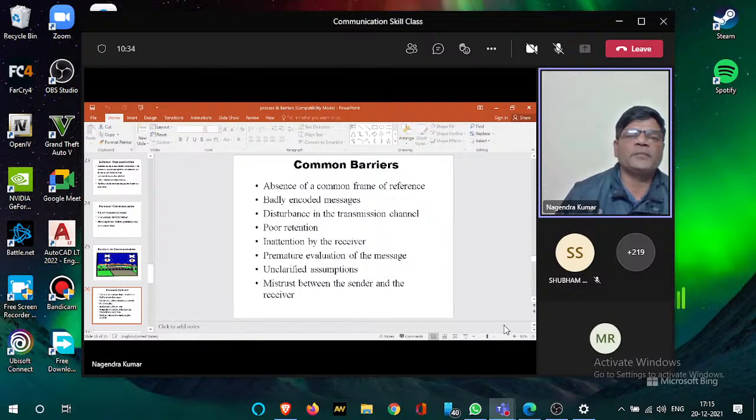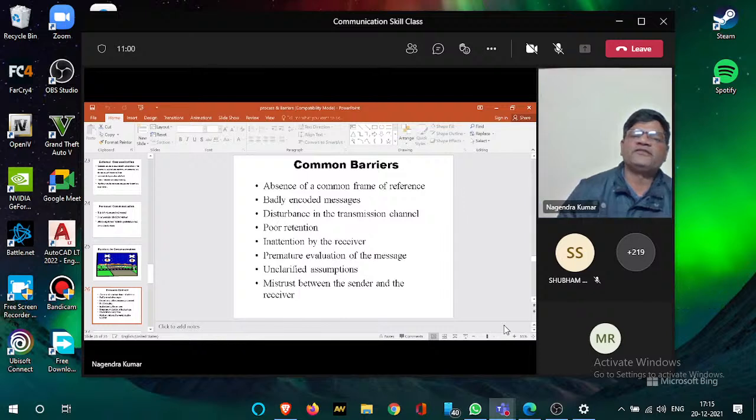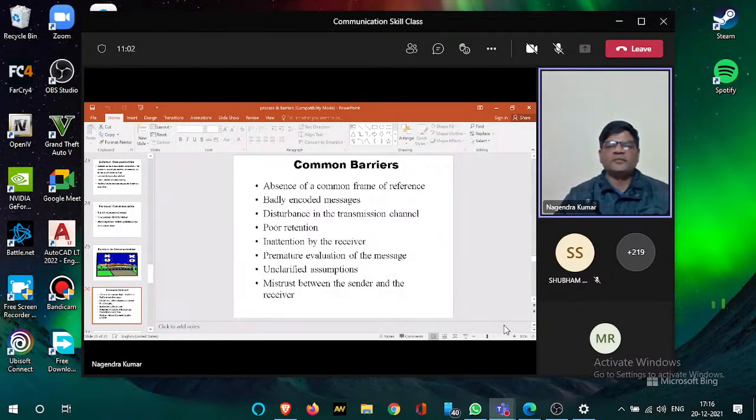So badly encoded messages also prove barriers. Then again, I'm talking to you believing that I'm audible to everybody. But if somebody is having some problem with his or her transmission channel, then also he or she will not be able to listen to me properly. So disturbance in the transmission channel might also hinder the process.